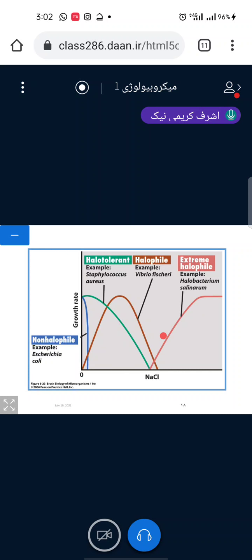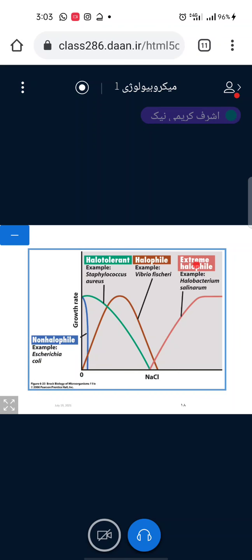This curve, this shape is about halotolerant, extreme halophile, and sodium chloride concentration.